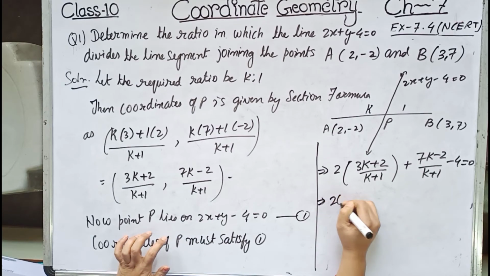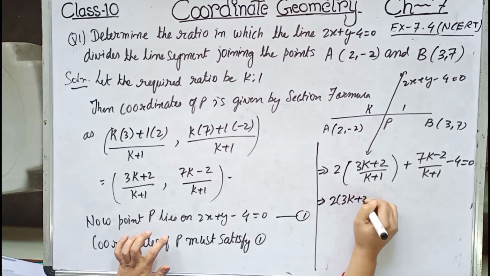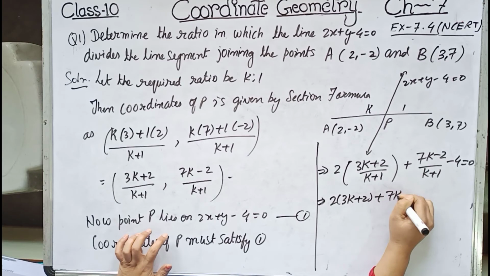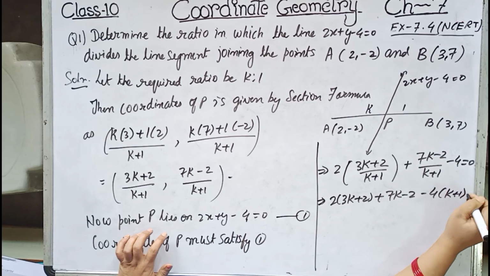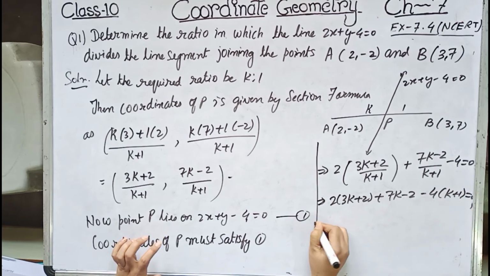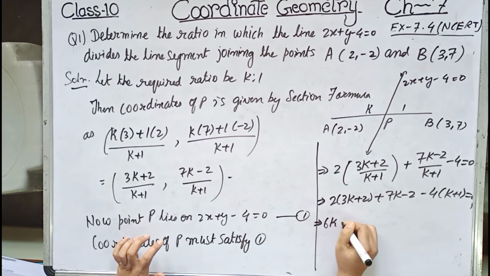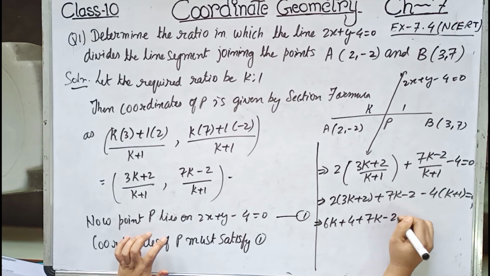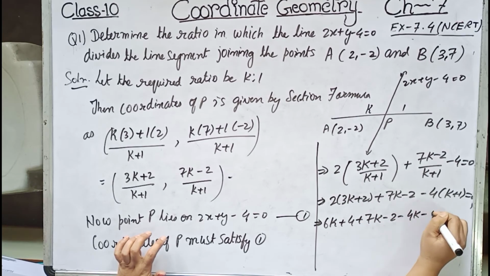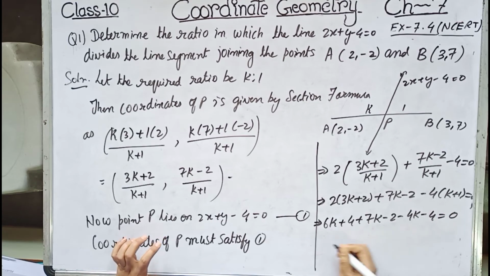This implies 2 times (3k plus 2) plus (7k minus 2) minus 4 times (k plus 1) equals 0. This implies 6k plus 4 plus 7k minus 2 minus 4k minus 4 equals 0.